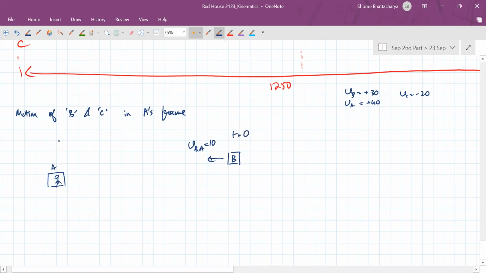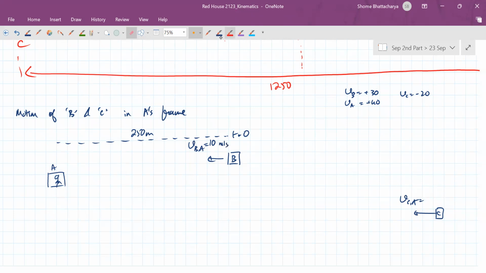So at t equal to 0, with respect to A, B is over here, 250 meters ahead. And C is further ahead. But C is moving with a much higher velocity towards it, not 50, but 20 plus 40, so 60.